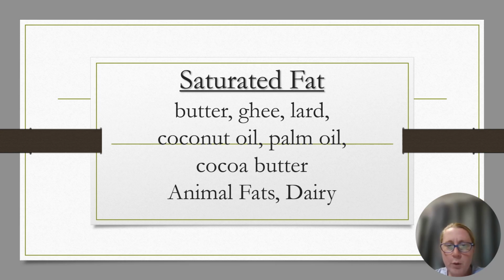You do have a higher smoke point when you're cooking with it, but other than that, there's no health benefit to it. Lard, of course, that would be animal lard, or good old Crisco. Coconut oil, palm oil, or sometimes it's known as palm kernel oil, and cocoa butter. These are our three tropical fruit sources of saturated fat. But most saturated fat comes from animal fat and dairy.